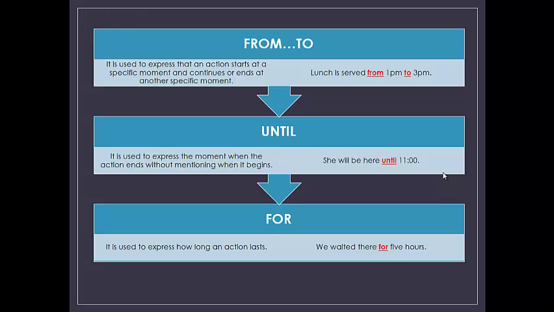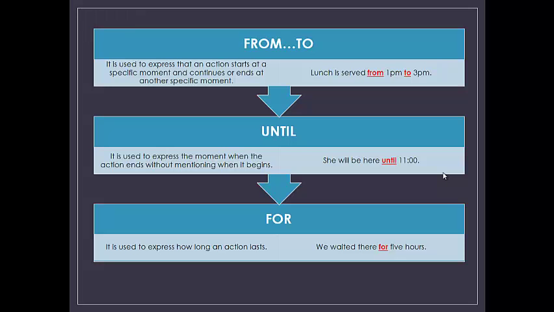Example, lunch is served from 1 p.m. to 3 p.m. Until. It is used to express the moment when the action ends without mentioning when it begins. She will be here until 11 o'clock.